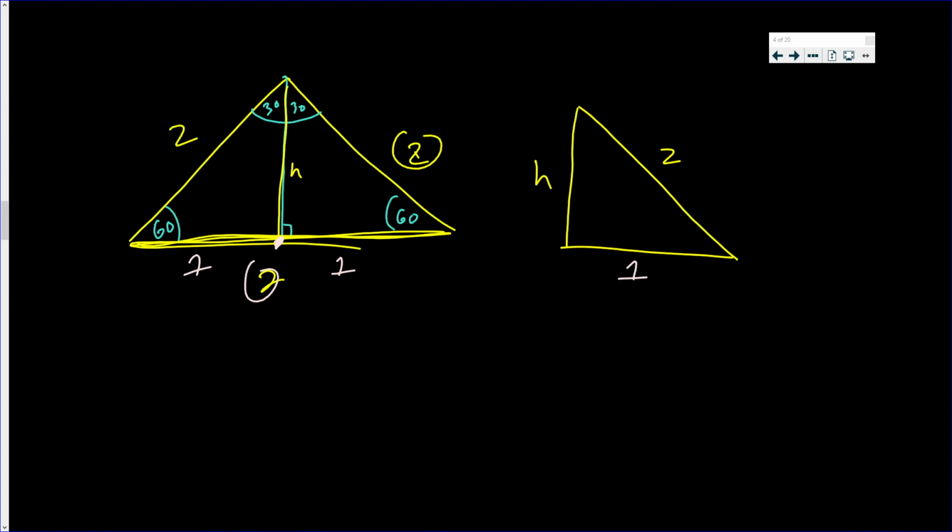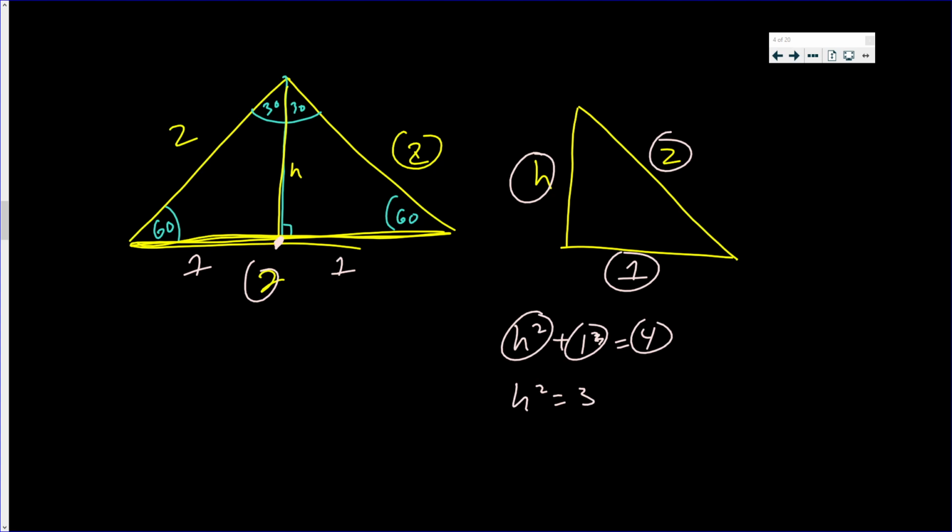This is 1. Okay, now Pythagoras comes along. H squared plus 1 squared, which is 1, is equal to 2 squared. Well, 3 plus 1 is 4. H squared is 3. So H is plus or minus the square root of 3.